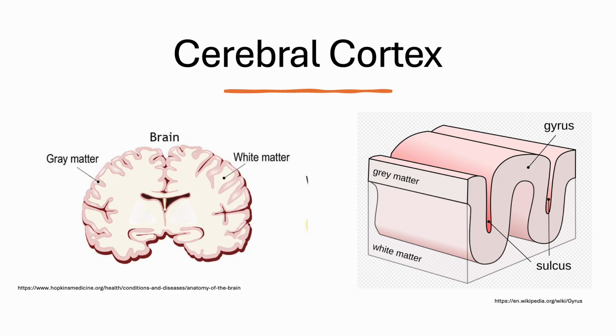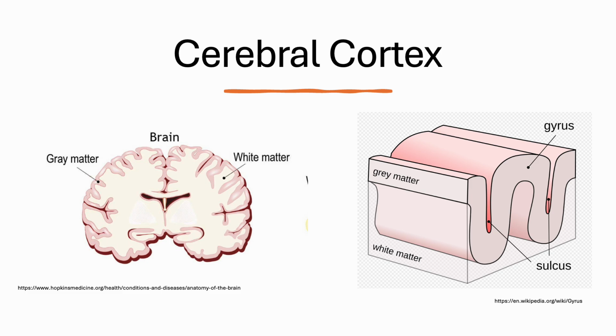And this thin gray matter is wrinkled, and these extensive wrinkles are responsible for higher function of the nervous system. A gyrus or gyri is the ridge of one of those wrinkles, and a sulcus or sulci is the groove between two of those gyri.